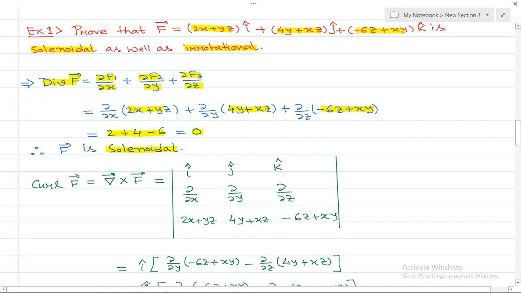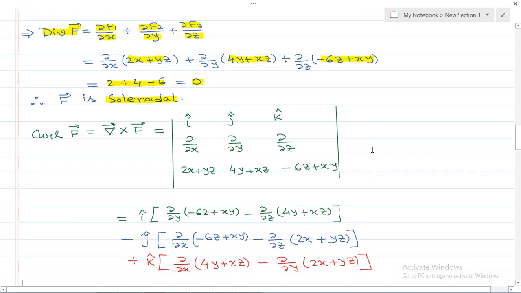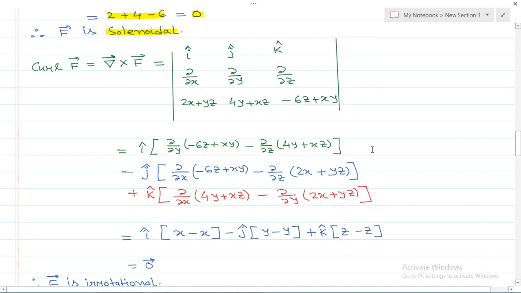Now let us calculate the curl of the vector point function. How to calculate curl? Just now we discussed that curl of f is nothing but del cross f vector. And how to calculate the cross product? By the determinant with i cap, j cap, k cap, del x, del y, del z, and the three components we have written here.